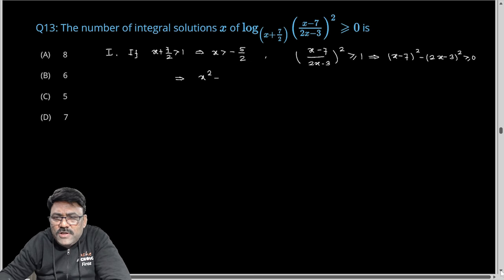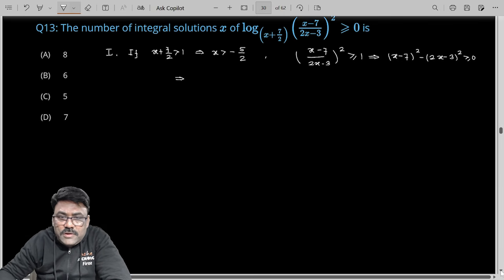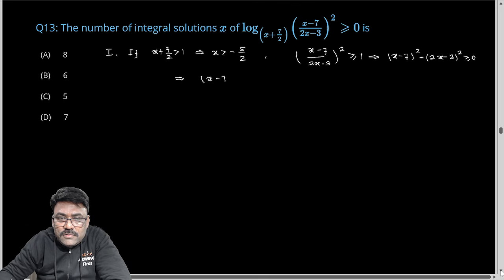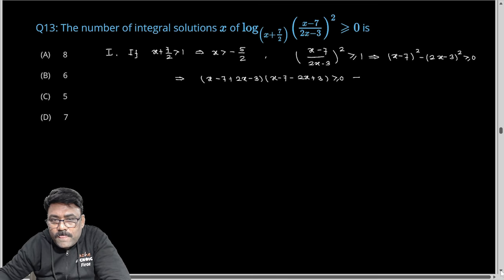Let's factorize using the formula a square minus b square, which can be written as (a minus b)(a plus b). So I can write it as (x minus 7 plus 2x minus 3) and (x minus 7 minus 2x plus 3) greater than or equal to 0. So this is (3x minus 10) and (minus x minus 4).